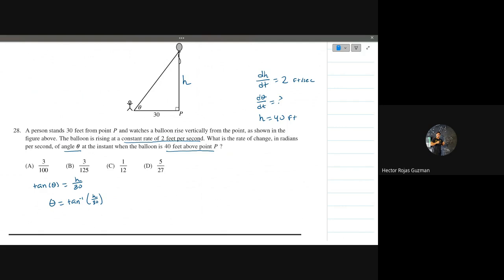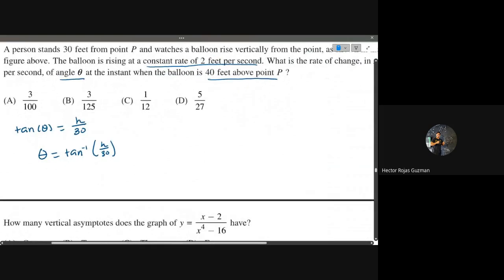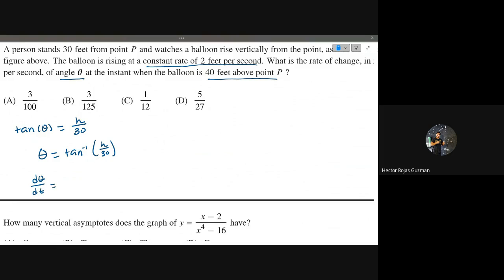Then from here, we're going to take our derivative, d theta dt. The derivative of tangent inverse is 1 over 1 plus u squared times u prime.